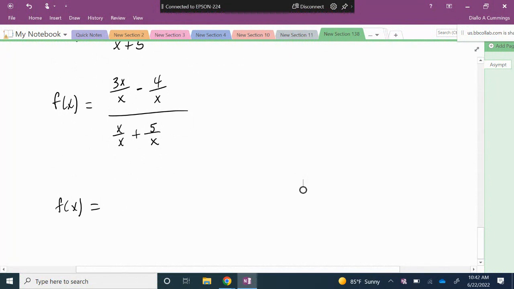So here's what I mean. 3x divided by x, right? Those x's are going to cancel, and I'm left with 3. Minus 4 over x. Well, 4 over x doesn't reduce down to a nice number, so that is going to tend towards 0.